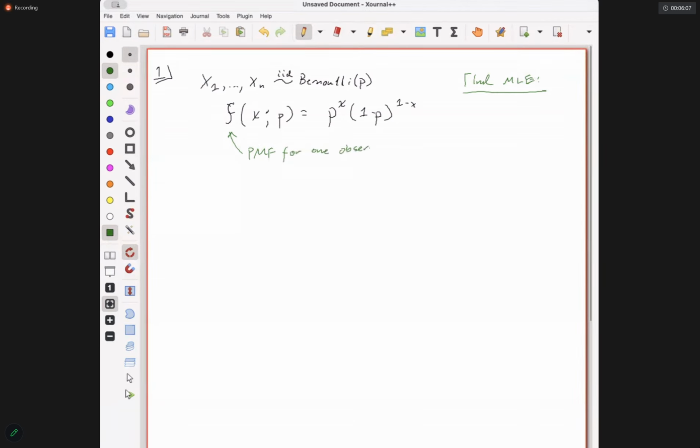So how do we get the likelihood function from the mass function that we already have here? Okay, the product of what?